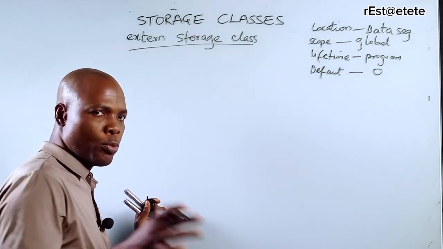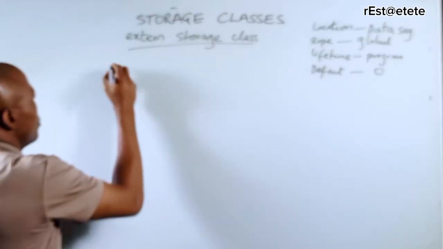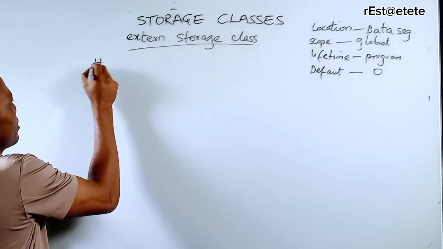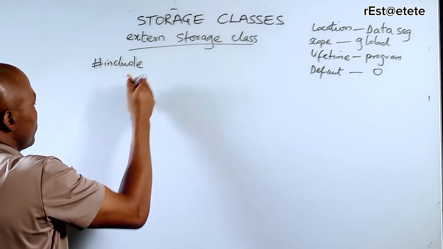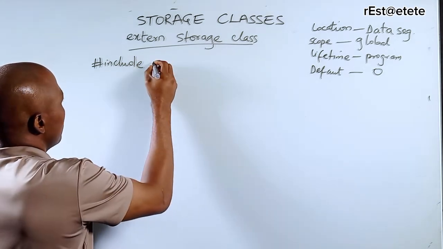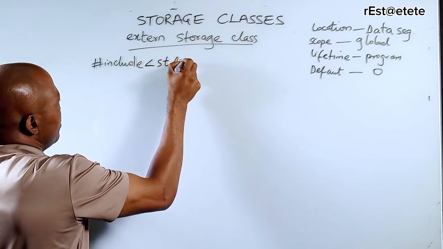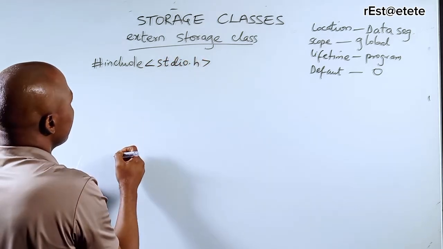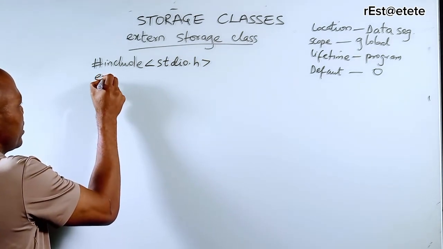So I'm going to write two programs to illustrate this. The first program will contain the main function. So there I will say include stdio.h, and then I'll use the extern keyword.